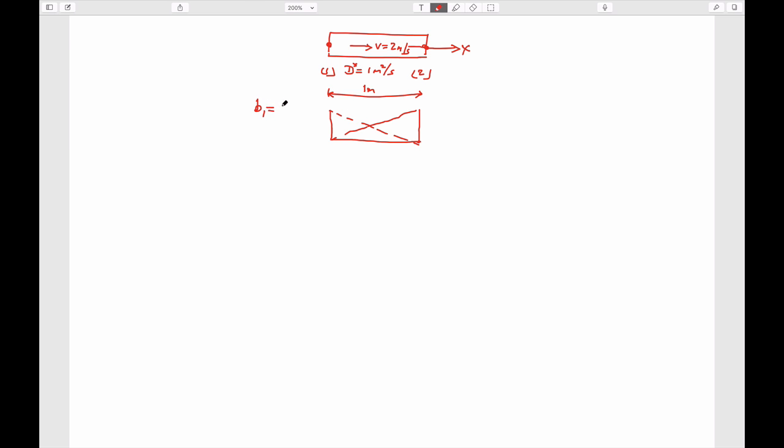B1 is going to be equal to 1 minus x over L, and B2 is equal to just x over L. It satisfies all the things that we said they had to: it equals 1 at the node in question, 0 at the other nodes, and so on. So if we wanted to, we could write our shape functions as 1 minus x over L and x over L.